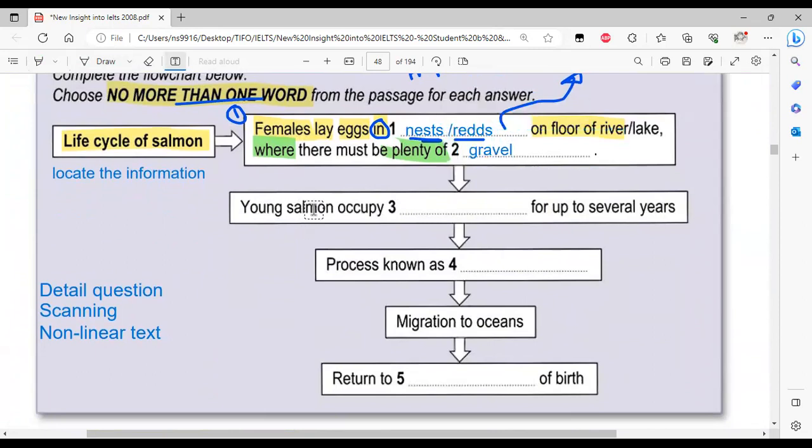Now, young salmon occupy. What does the word occupy mean here? Take their place, live. Very good. We human beings occupy two things. What are they?